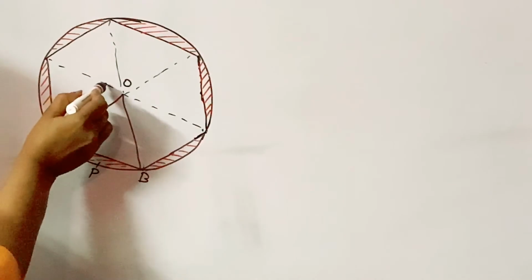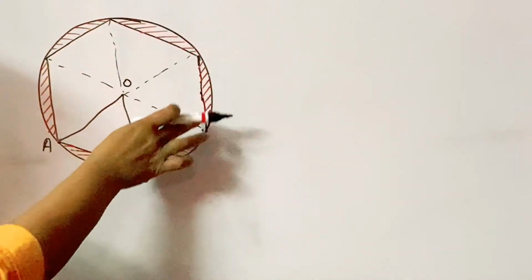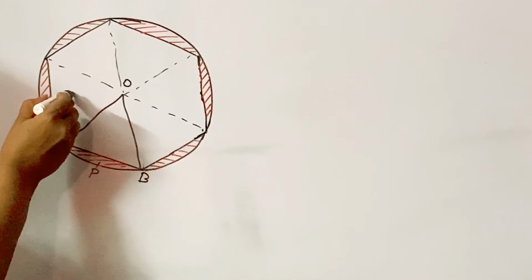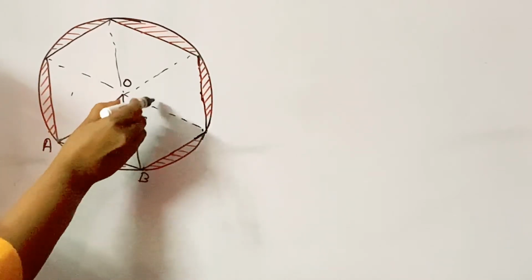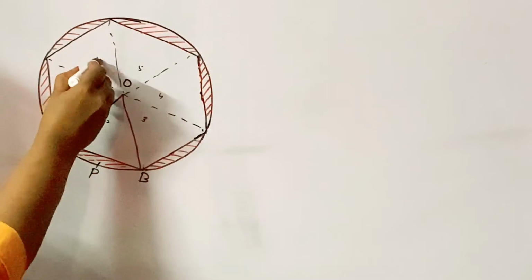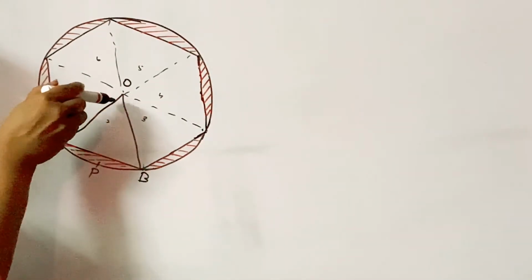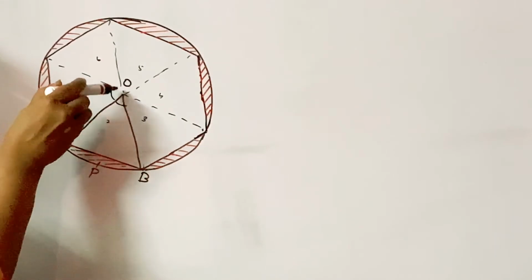So what will be this angle? That means this circle is divided into 6 equal parts, isn't it? 1, 2, 3, 4, 5, 6. 6 equal parts. Then what will be this angle or this angle?